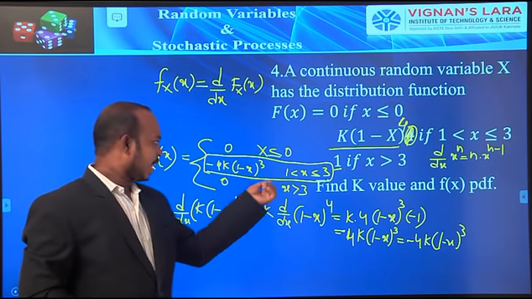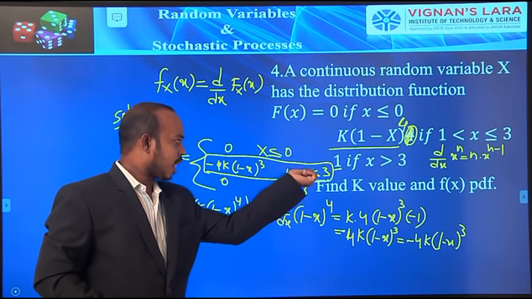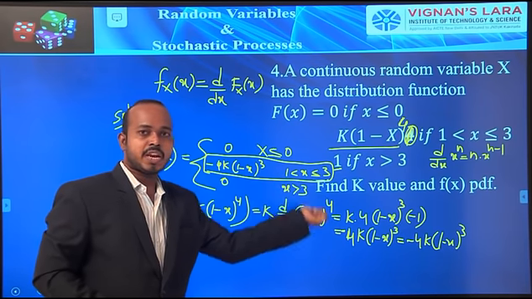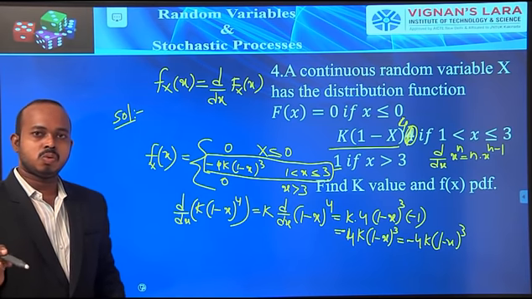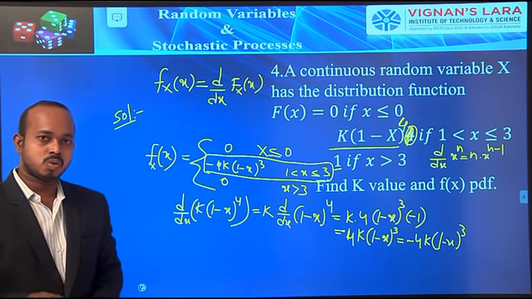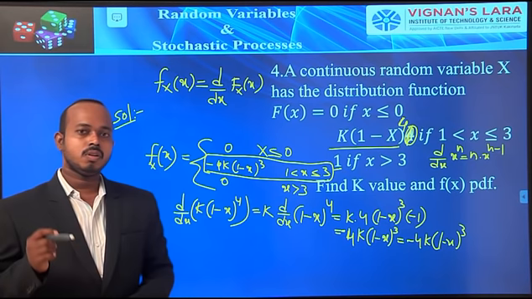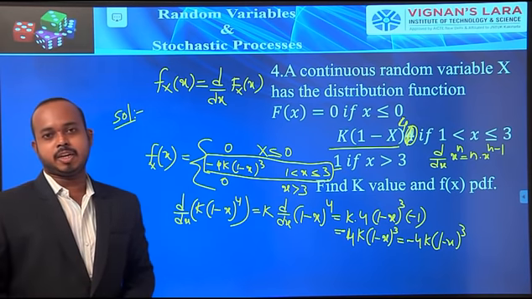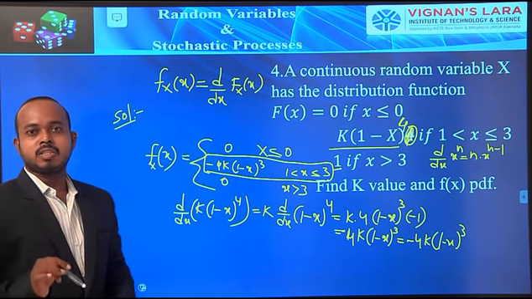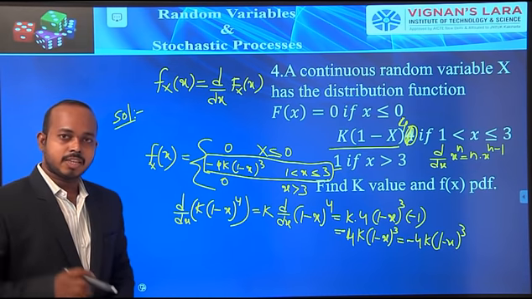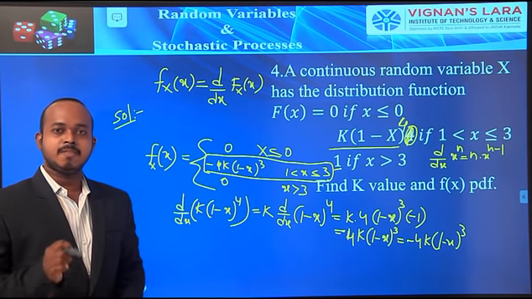When the interval lies in x1 less than x less than or equal to x2, we write the integral from x1 to x2 of f_X(x) dx. But here we are taking the second property, which is the validity condition: the integral from minus infinity to plus infinity of f_X(x) dx is equal to 1. We are taking that second property.